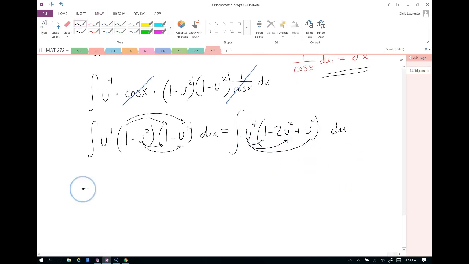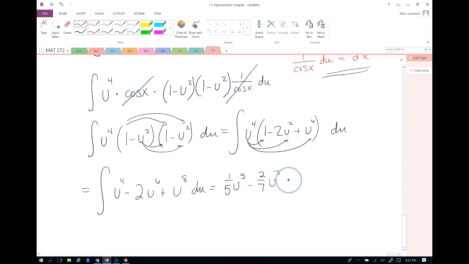And then we'll have a nice simple polynomial to integrate. So we've got u to the 4th minus 2u to the 6th plus u to the 8th. And we can just integrate with power rule. So we get 1/5 u to the 5th minus 2/7 u to the 7th plus 1/9 u to the 9th plus c.